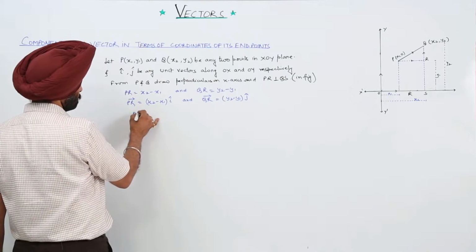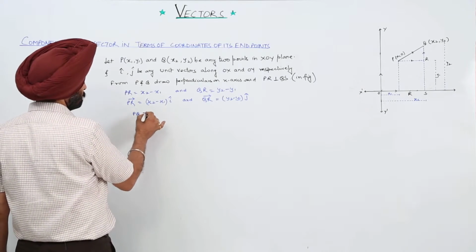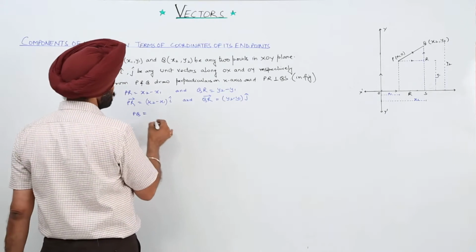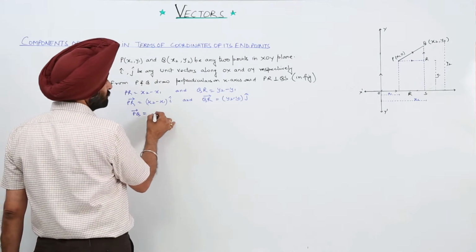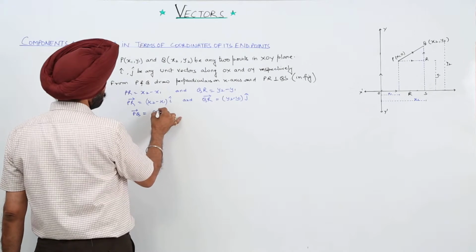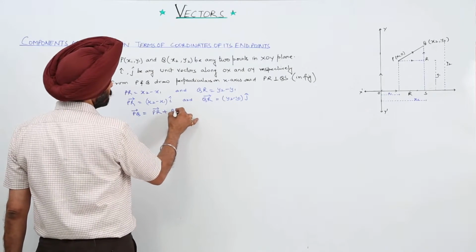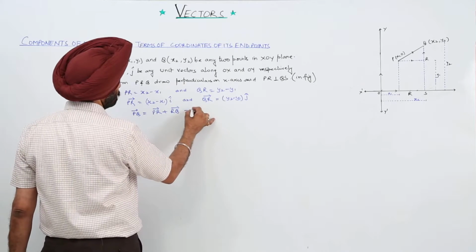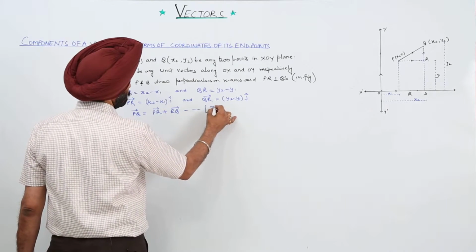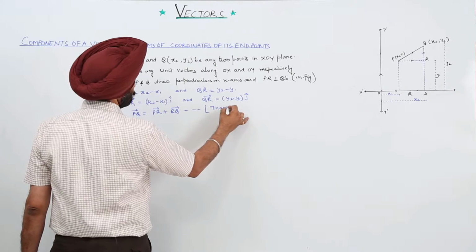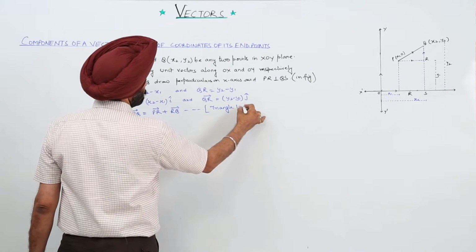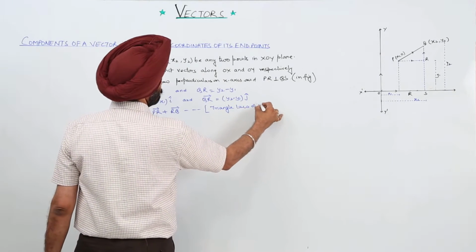Vector PQ is equal to vector PR followed by vector RQ, by the triangle law of vectors.